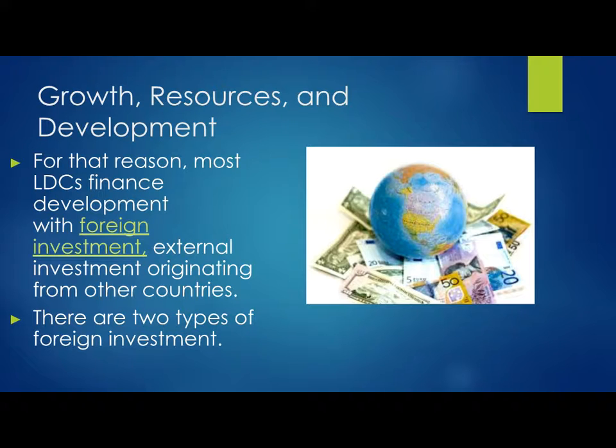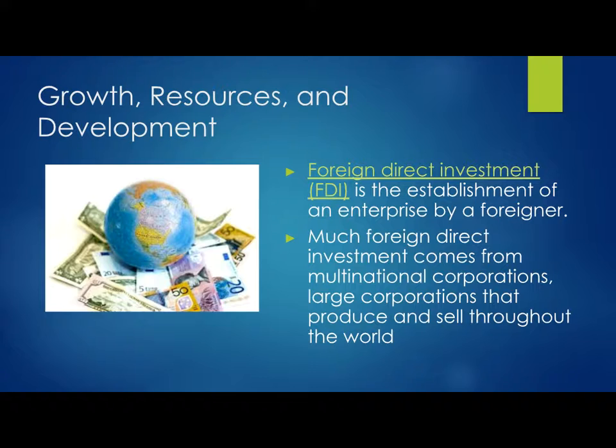So there's two types of foreign investment. First is a direct investment. That's the establishment of an enterprise by a foreigner. That could be like Nike setting up a factory, right? Because it's great for them because labor is going to be cheaper, costs are going to be cheaper, right? But much foreign direct investment comes from multinational corporations, right?